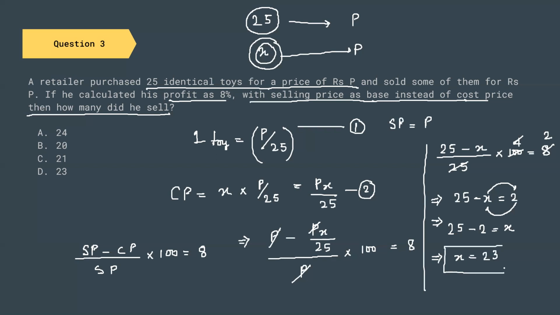So this person has sold 23 toys at a total of P rupees, and his total profit was 8%. I hope this question was clear to you. So the correct option is option number D, that is 23.